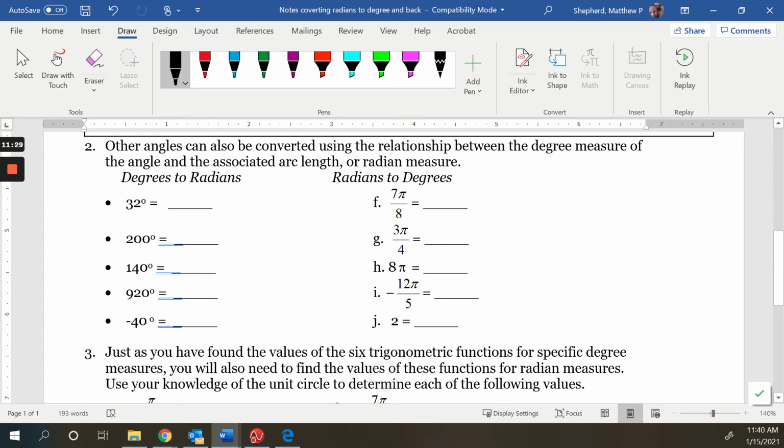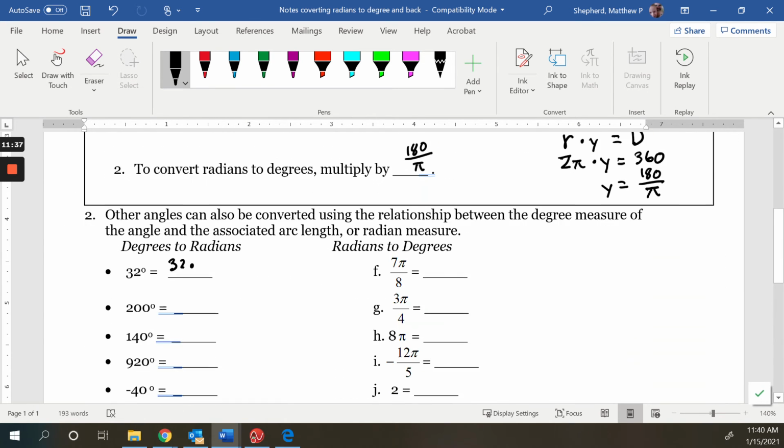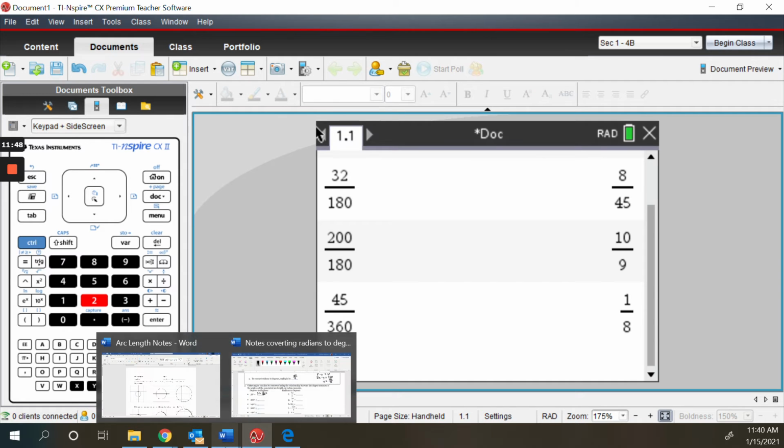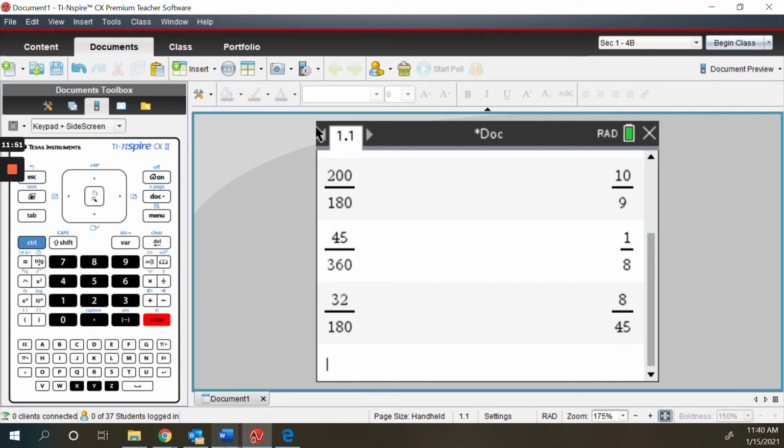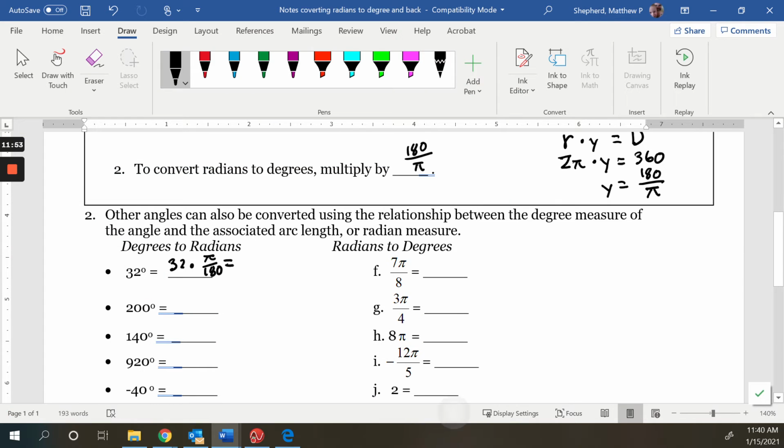We're going to start with 32 degrees. So that's going to be 32 multiplied, and we're starting with degrees, so that means we multiply by pi over 180. Okay, and let's quickly simplify that fraction of 32 over 180. So 8 over 45, 8 pi over 45. And we got it. 200 degrees times pi over 180.